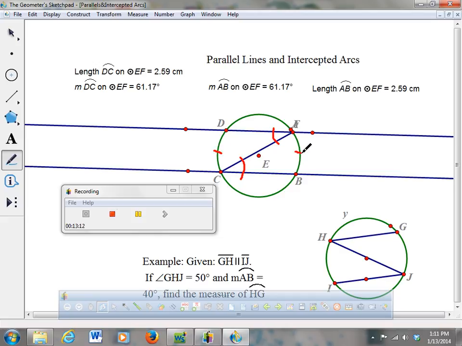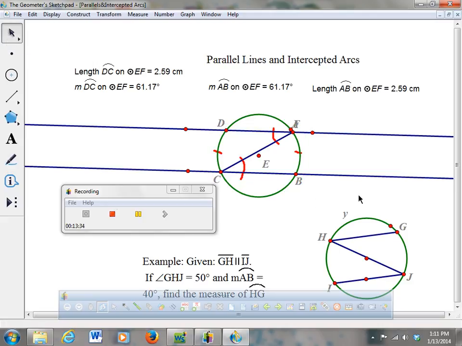Therefore, this and this have to be congruent as well. So parallel lines intercept congruent arcs on a circle.